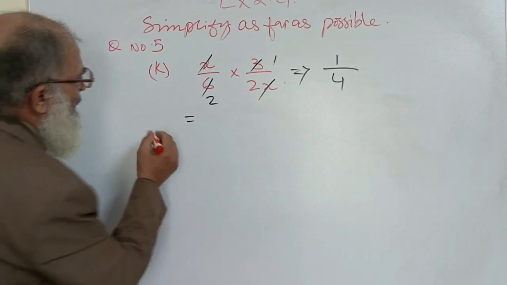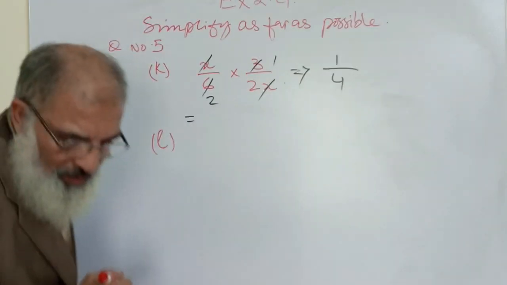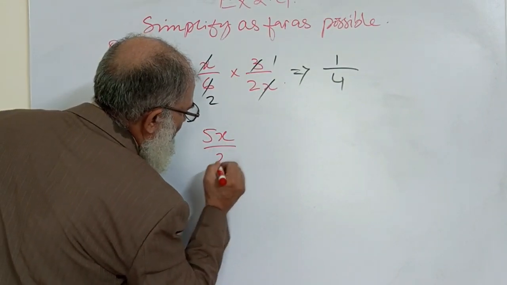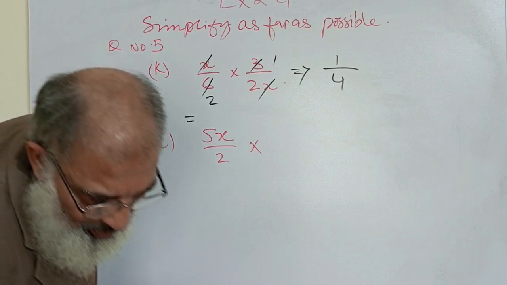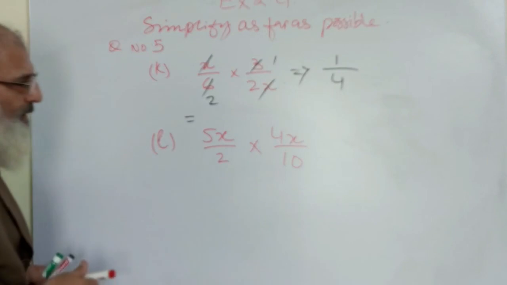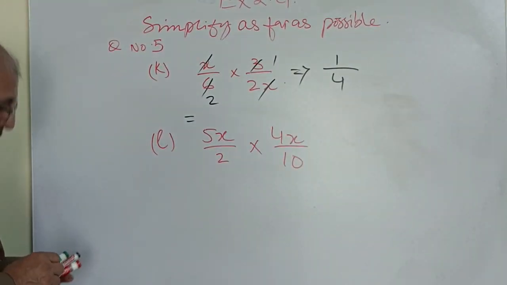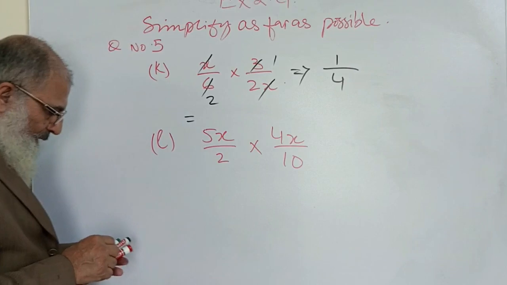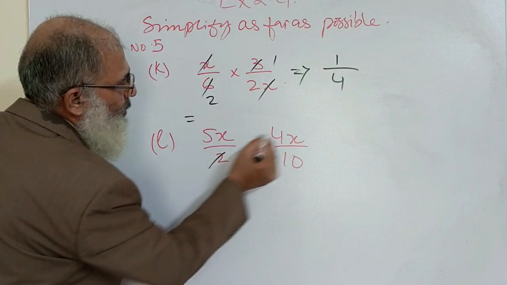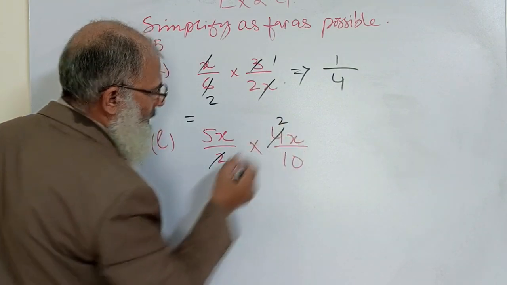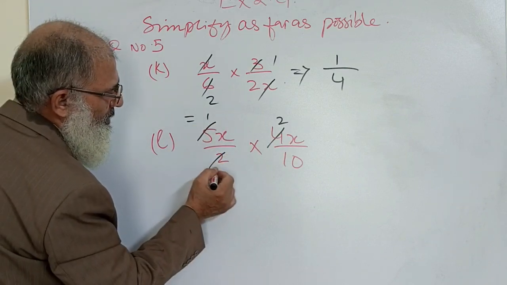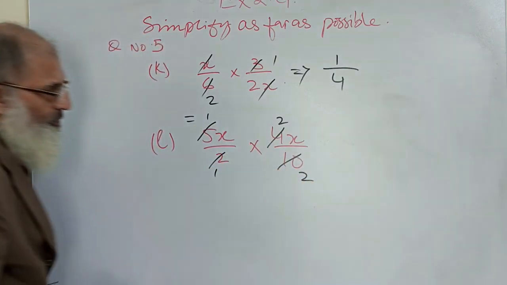L is 5x divided by 2 multiplied by 4x divided by 10. Again, it is a very good example of cross cancellation. 2 times 4, 5 one times and 5 two times.